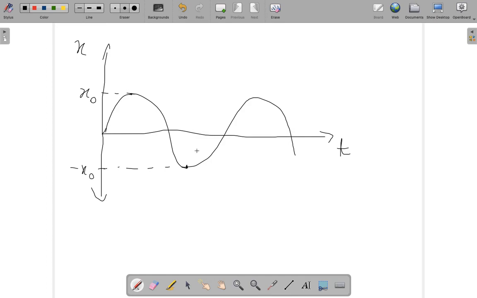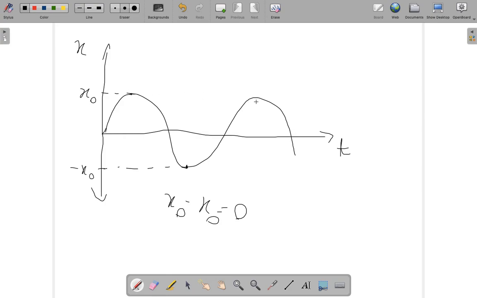Now note, by the principle of superposition, when two waves interact at a certain point at a given time, the resultant wave will be a sum of the two amplitudes, which means over here the resultant wave will have an amplitude of x0 minus x0, which equals 0. So you have a dark spot over there. There's no amplitude, there's no wave over there, so therefore the intensity at that point is 0.